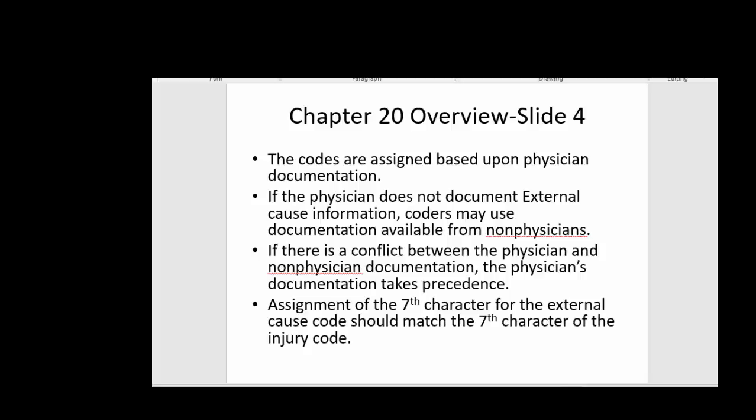The assignment of the seventh character for the external cause code should match the seventh character of the injury code. There are times when that is questionable, and I think when we get our next code updates, October 1st, 2016, some of those things are going to be taken care of. That's what I'm hoping anyway. And when that happens and I'm aware of it, I will definitely make you aware as I code these.